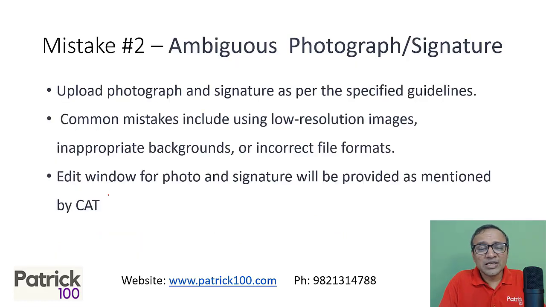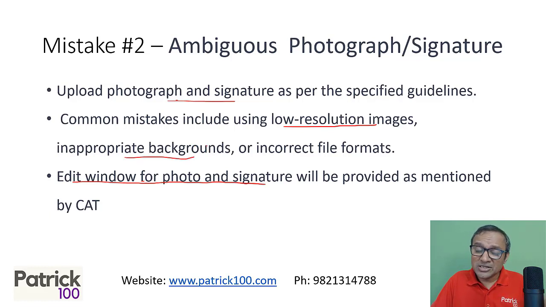Second is photograph and signature. Luckily, they will provide an edit window for the photograph and signature later, in case there are some mistakes, but still be careful. Ensure that you upload the photograph and signature as per the specified guidelines. They have clearly mentioned the guidelines. The common mistake that people make is they submit low resolution images. Not good. Ensure that the resolution is good enough.